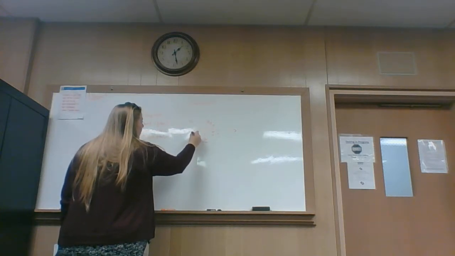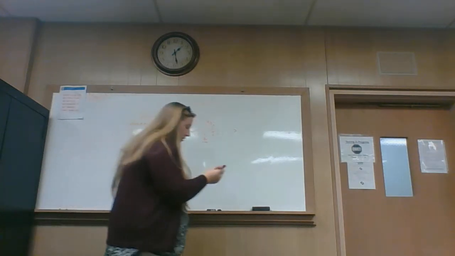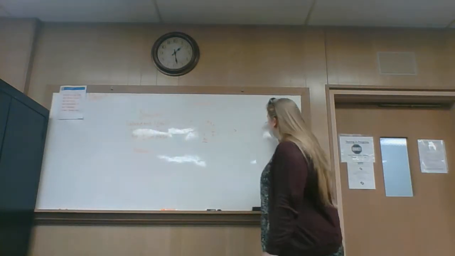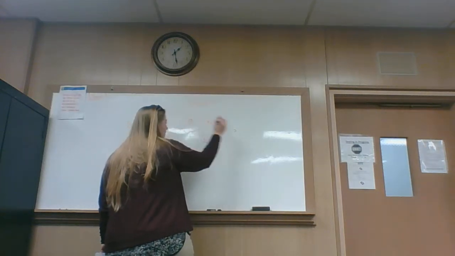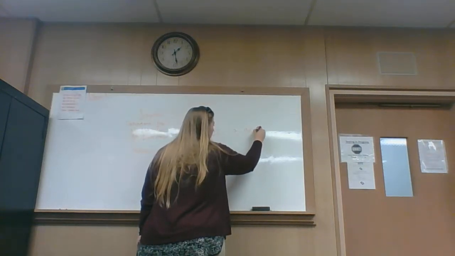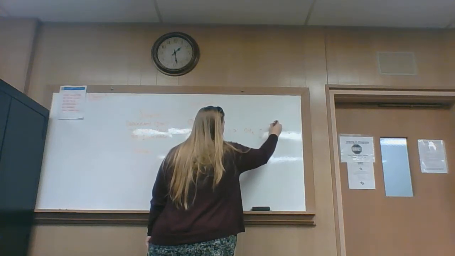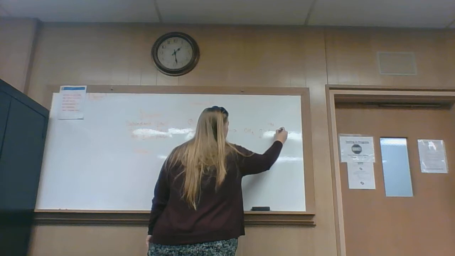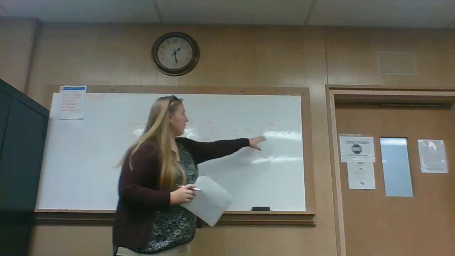So secondary. So we know that this is the most substituted carbon. It's higher substituted. So we're going to take off this bromine and this hydrogen. Okay? This would be our final product.